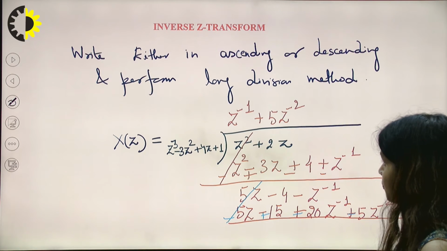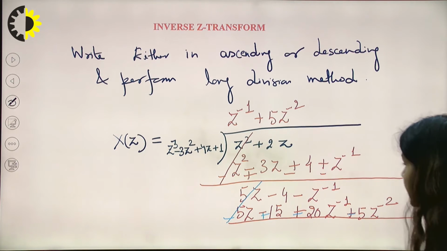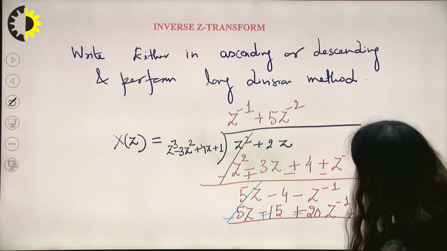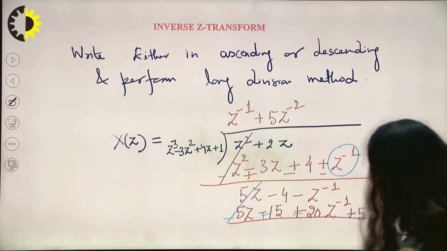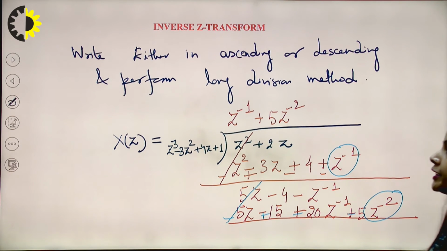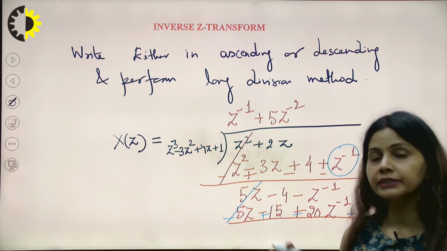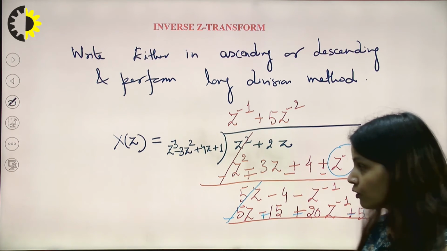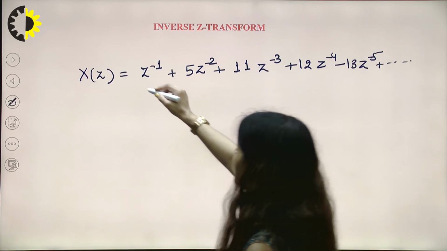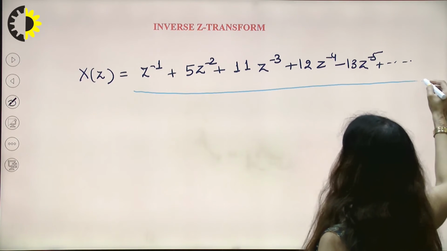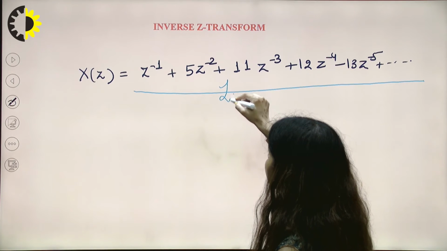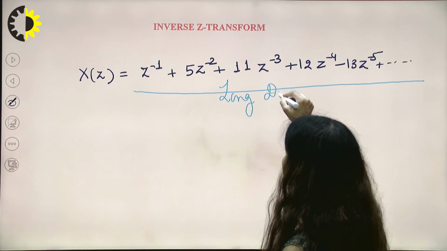While repeating this process, this is a very long division method, and as I can see here, the term z raised to the power minus 2 is introduced, and after that this term is introduced. Calculating this process, z raised to the power minus 3, minus 4 and so on will keep repeating all the time. So at the end I will have this form, and this form came by applying the long division technique.